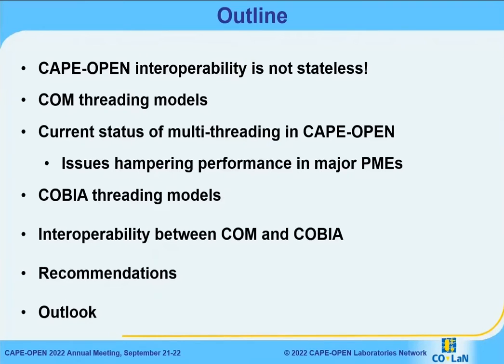And I will then also comment on what has not been going right with that, which causes a bit of slowdown in some cases. Then of course we move on to COBIA. We decide that we learned from COM and how we should do it better in COBIA. But one of the design criteria of COBIA is of course that it needs to one-on-one operate with COM, so the interoperability between COM and COBIA will also be discussed. And finally we move on to some recommendations and the outlook.